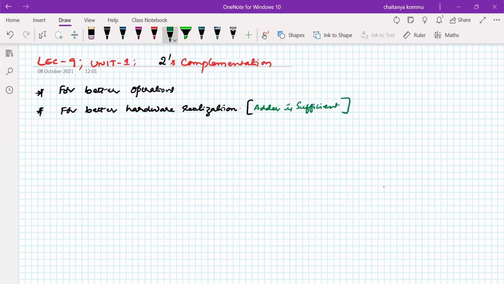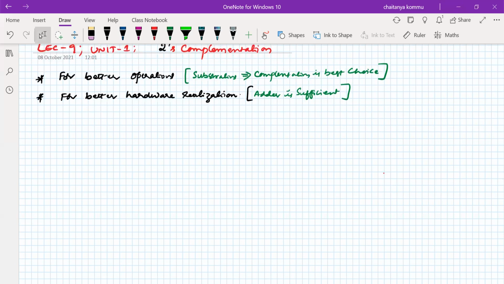We will look at how we design these adders later. Especially for subtractions, complements have a better possibility. For subtractions, complementation is the best choice. So this is what we need to understand about complementation.